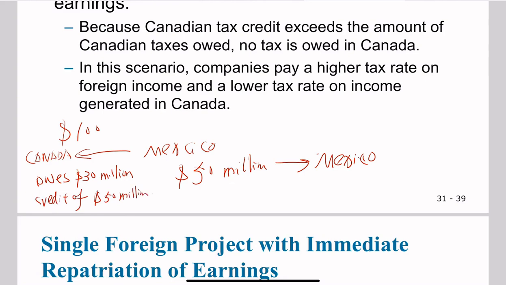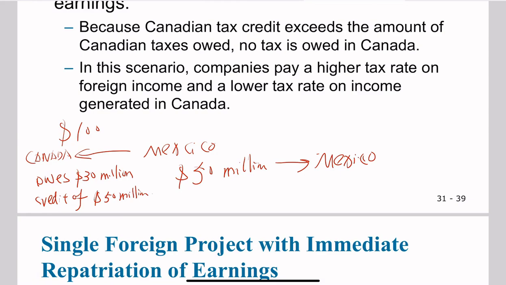But now the problem is the tax credit is larger than this tax liability of $30 million. And according to Canadian tax law, if tax credit is larger than Canadian tax owed, then the firm does not need to pay tax. However, the extra tax credit cannot be used. It will be wasted, right?